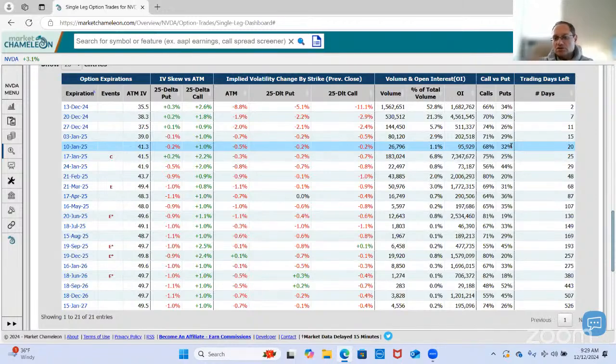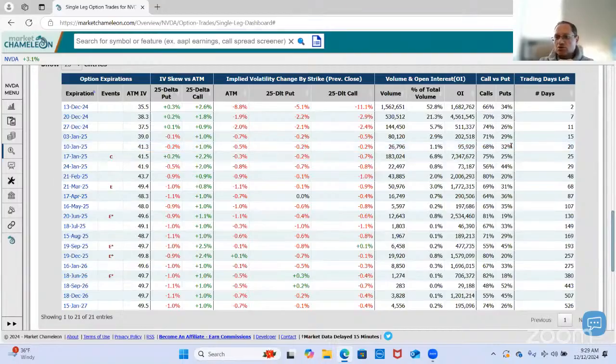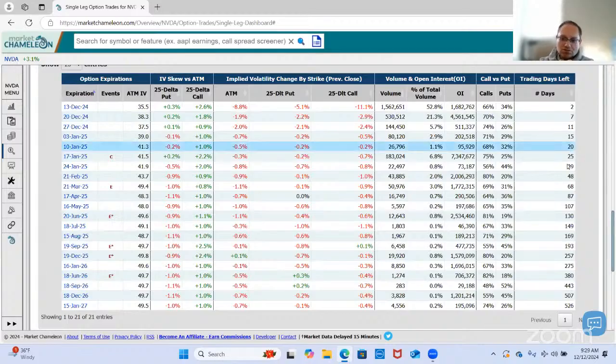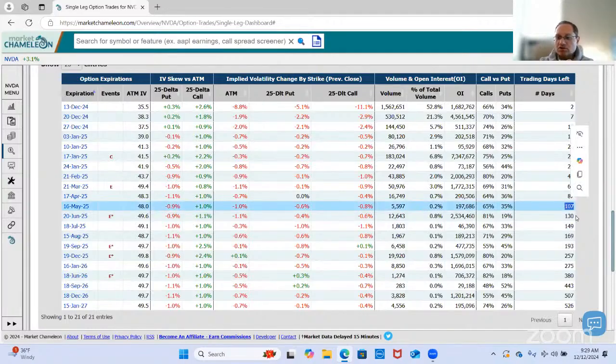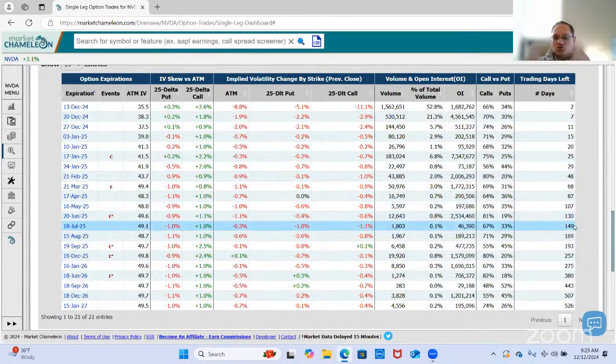In these cases, more call volume than put volume. And lastly, this days left column, trading days left, just lets us know how many trading days are left in this expiration, as a quick reference.